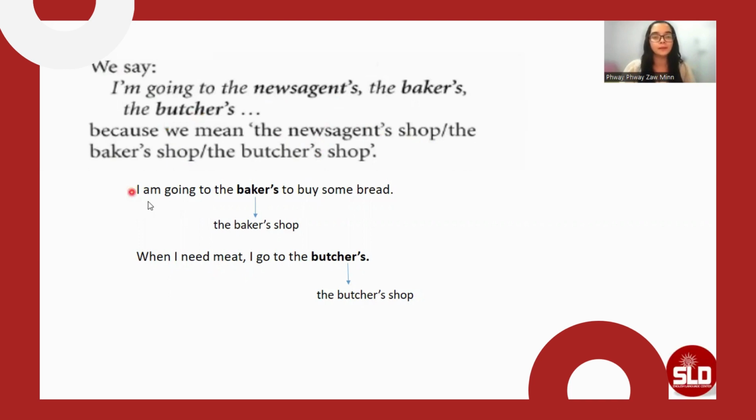Look at this one here. I'm going to the baker's to buy some bread. You don't need to say the baker's shop. You just refer to it as the baker's, meaning you are going to the shop. Or when I need meat, I go to the butcher's. So you don't need to say the butcher's shop.